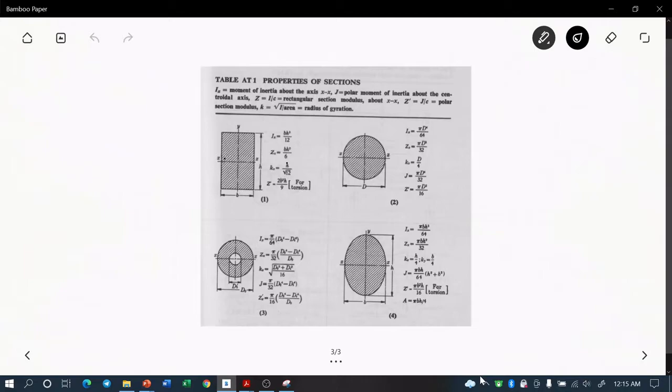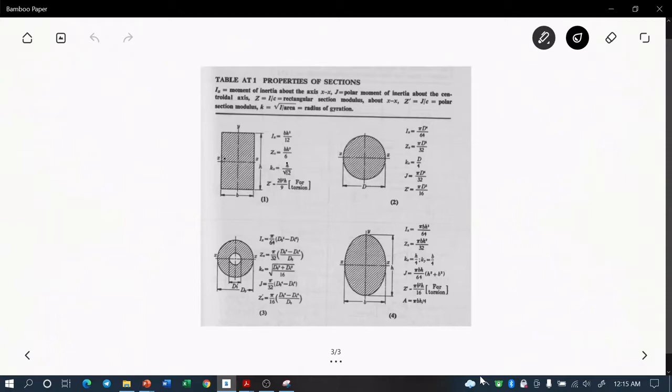In table 81 of the textbook, Design of Machine Elements by V.M. Faires, we're going to see different variables that are dependent on the geometry of a material or a machine element.